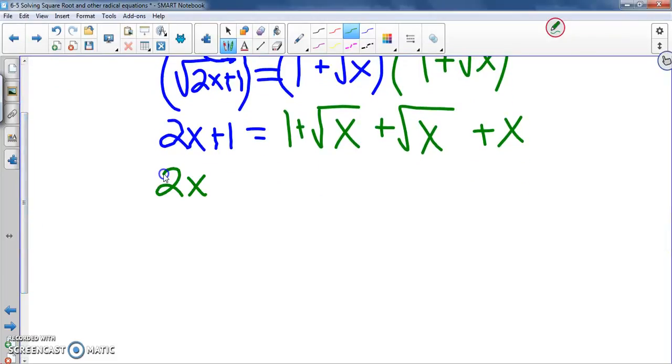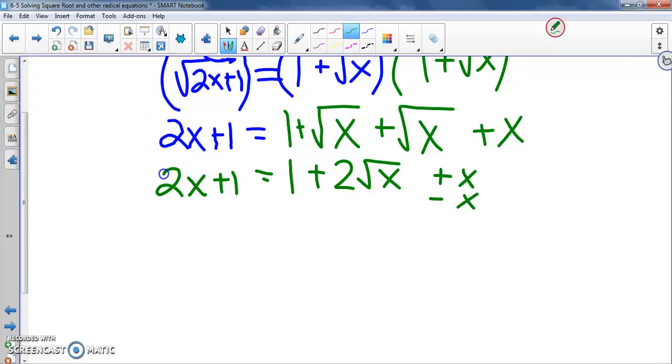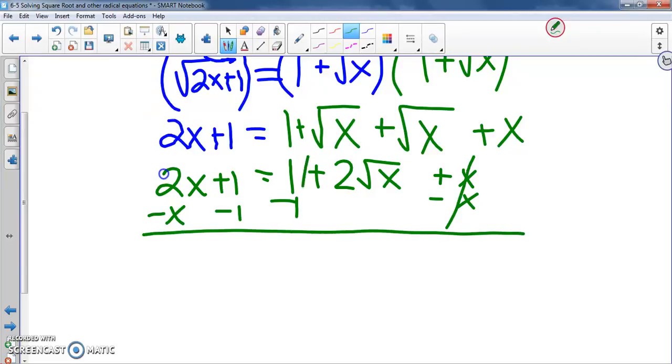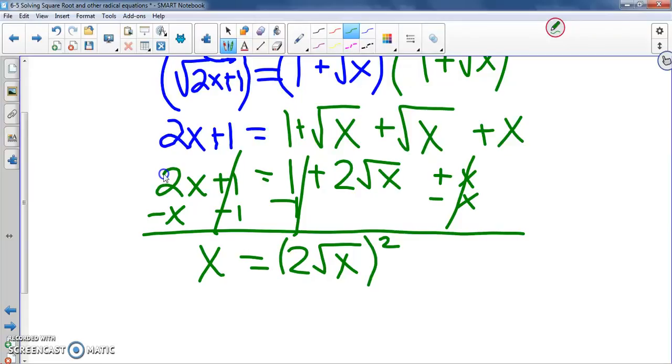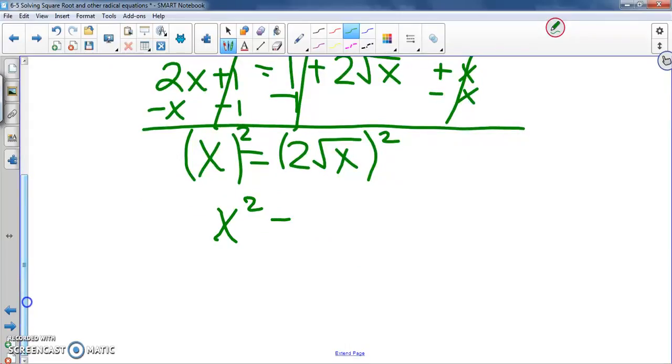So we have 2x plus 1 equals 1 plus 2 root x plus x. I'm going to subtract x and 1 from both sides. I get x is equal to 2 root x. Since I have my radical by itself now, I'm going to square both sides. I get x squared is equal to 4x.